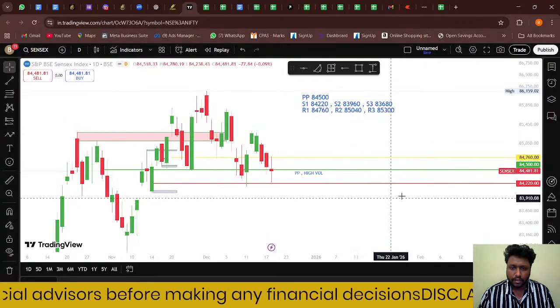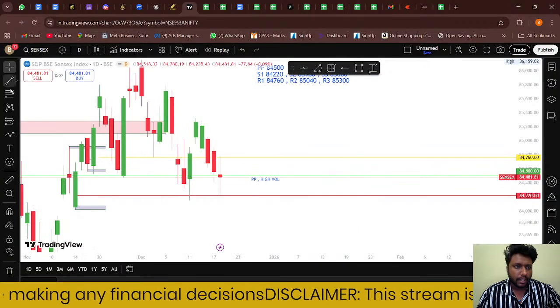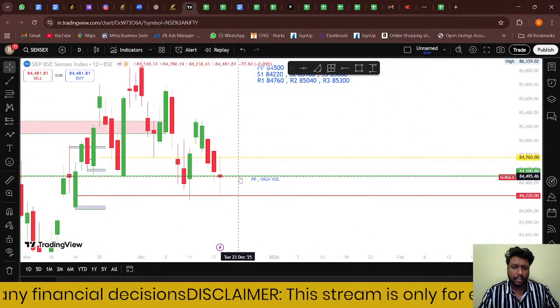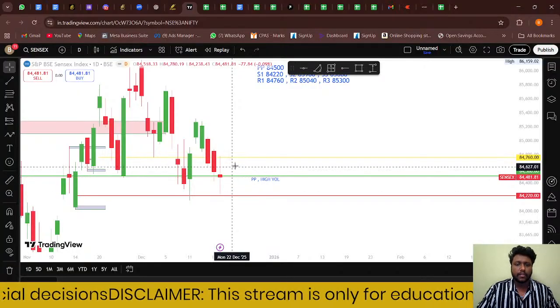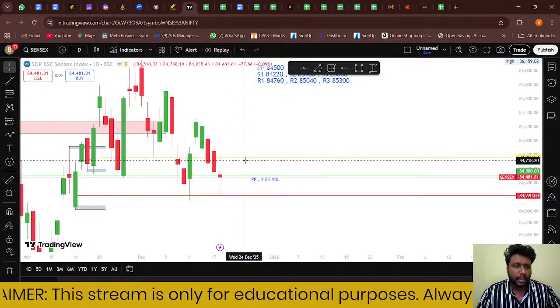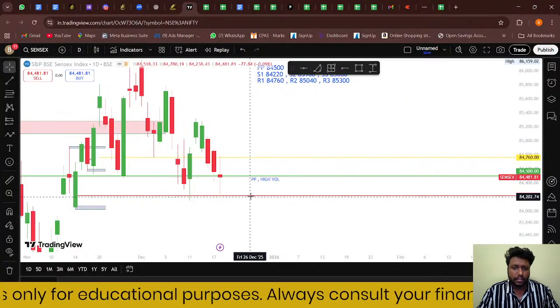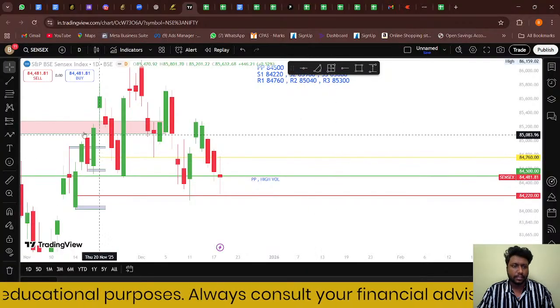We can plan the trade which I referred to in Bank Nifty as well. If it is opening in between any of these levels, then we can wait for a bounce or a breakdown or breakout from these particular levels of pivot, resistance or support.